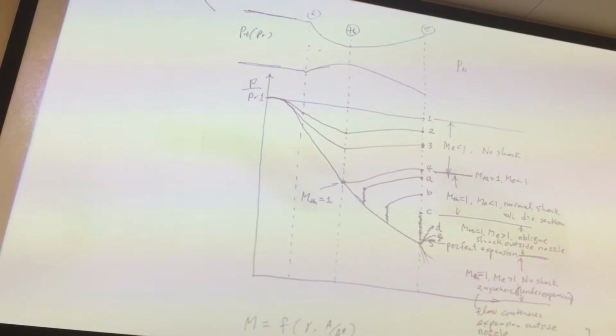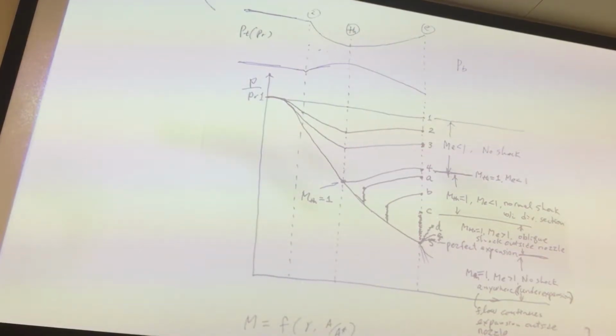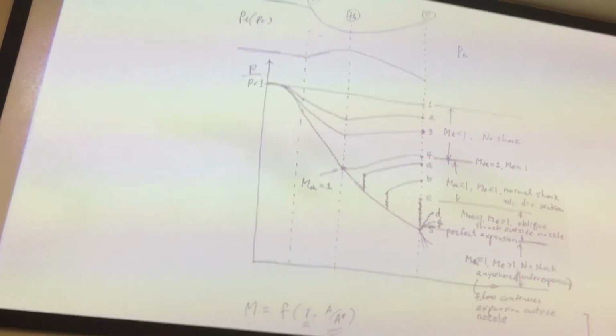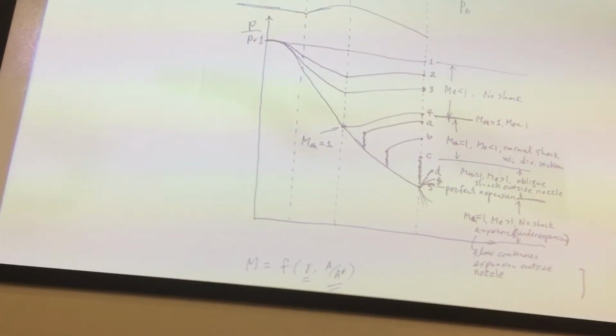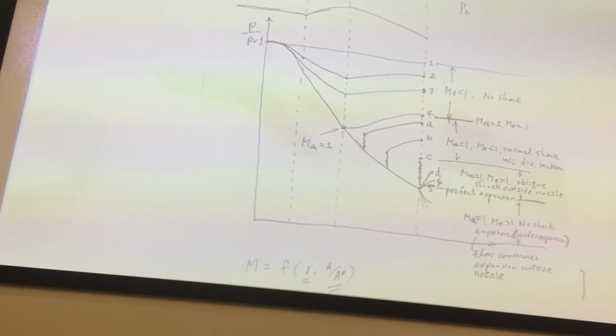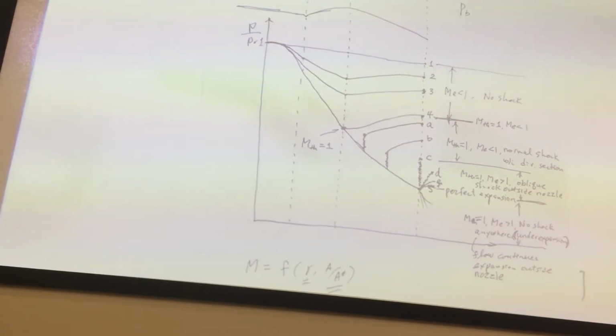Isentropic flow says that for a known gas, in this case a supersonic inlet for a flight vehicle in the air where you already know gamma, the area ratio should give you a unique Mach number, right? So you have this inlet geometry and the throat geometry, and you take the ratio.